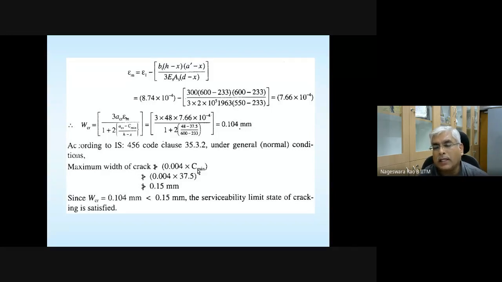Clear cover is 50 minus 12.5 mm, so that is 37.5 mm. So as per the code, the crack width shall not exceed this value, and whatever crack width we got is within the limit, so it satisfies the crack width criteria.